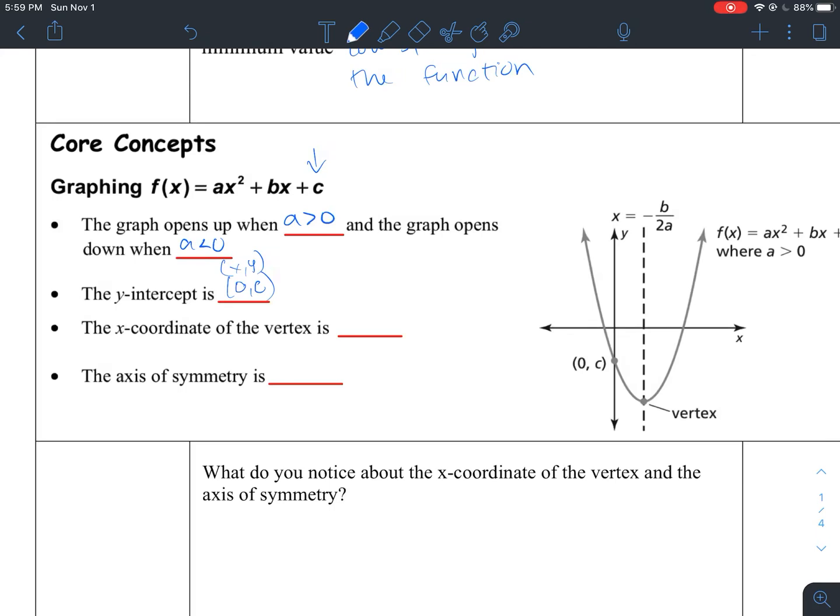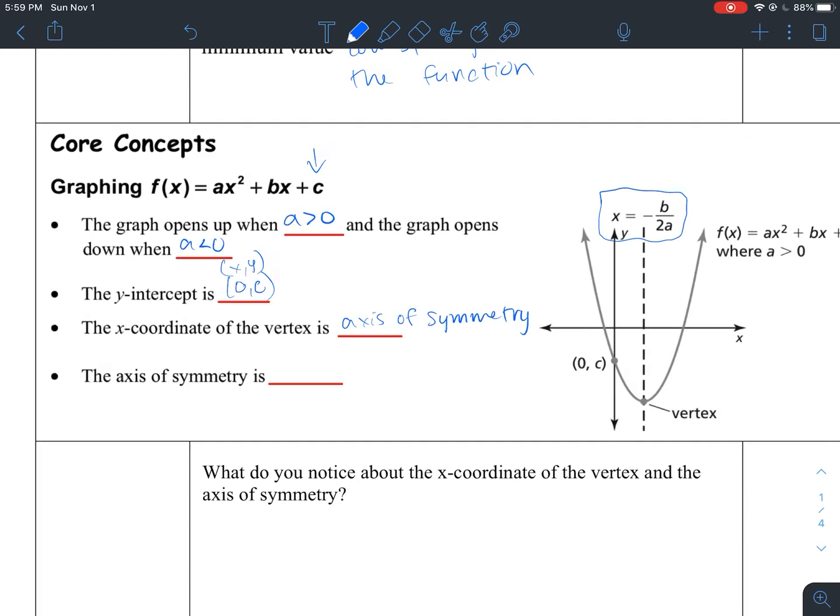Okay? The x-coordinate of the vertex, well, we already talked about that last time. The x-coordinate of the vertex is the axis of symmetry. And the axis of symmetry is found right here. There's actually an equation that we can use to find the axis of symmetry.